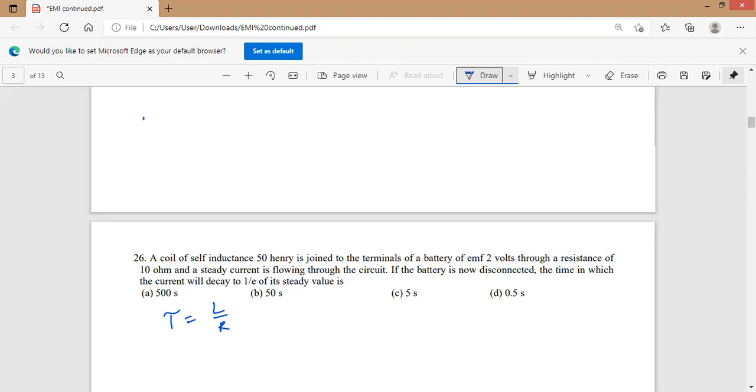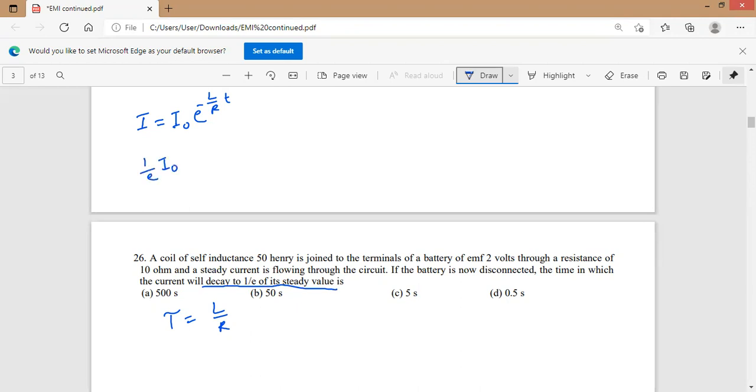But before going to that one, when the battery is disconnected, now the current in the coil will decrease at this rate: I is equal to I naught into e to the power of minus L by R into t. Now, the time in which the current will decay to 1 by e times of its steady value. 1 by e times means this is 1 by e I naught.